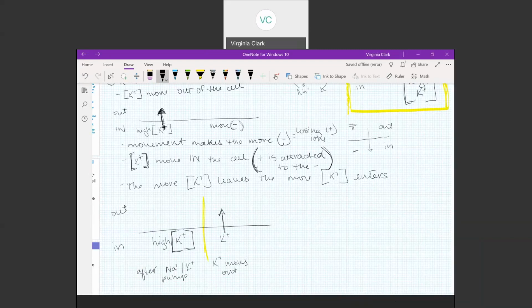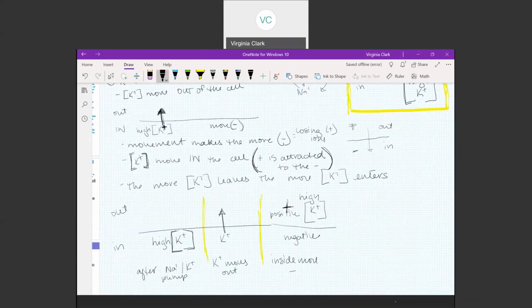As the potassium moves out of the cell, it will make the inside of the cell more negative. So now we have our positive out, and inside the cell is going to be negative.